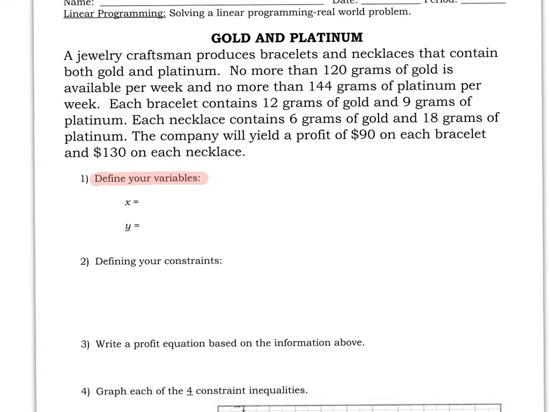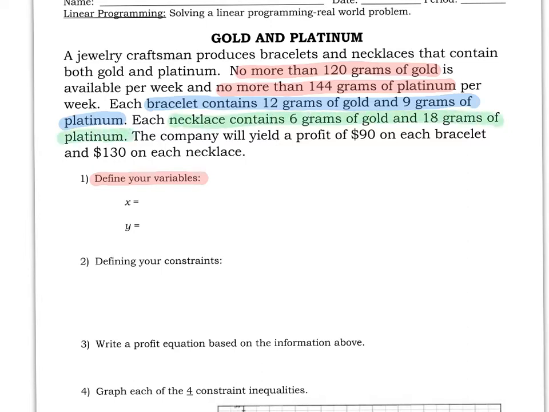So let's go through all this information. It says that no more than 120 grams of gold is available and no more than 144 grams of platinum is available. Those are going to determine some of our constraints. Each bracelet contains some gold and some platinum, and each necklace contains some gold and some platinum.